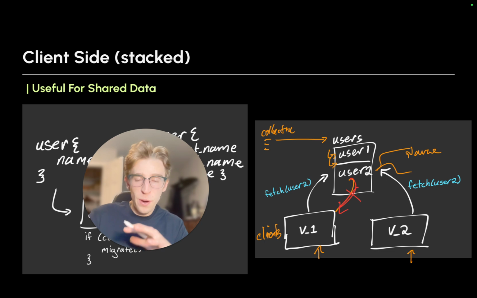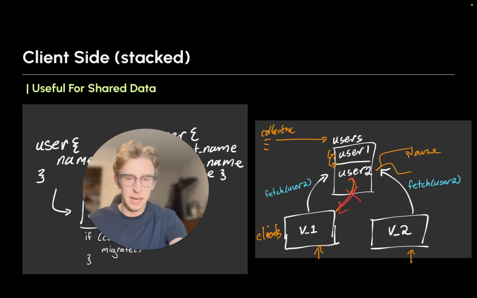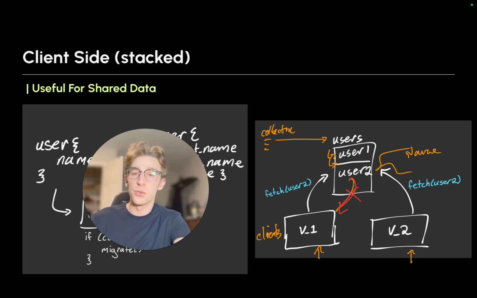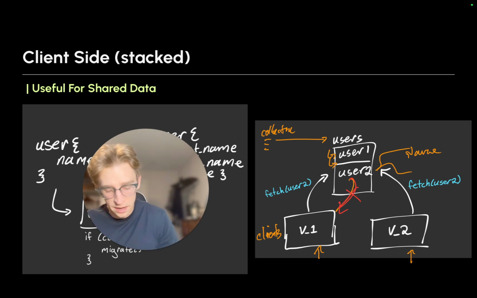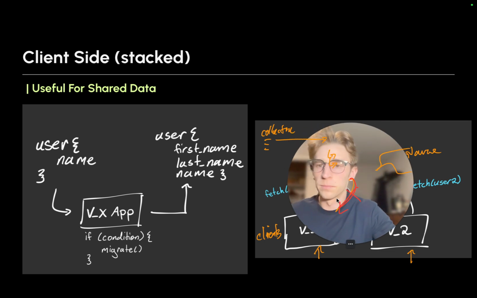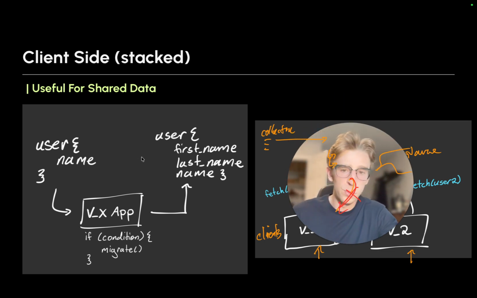So when you have a situation like this where you have shared data between multiple users for some collection or for some set of documents, then in the case of client-side migrations, you might want to use a stacked migration.